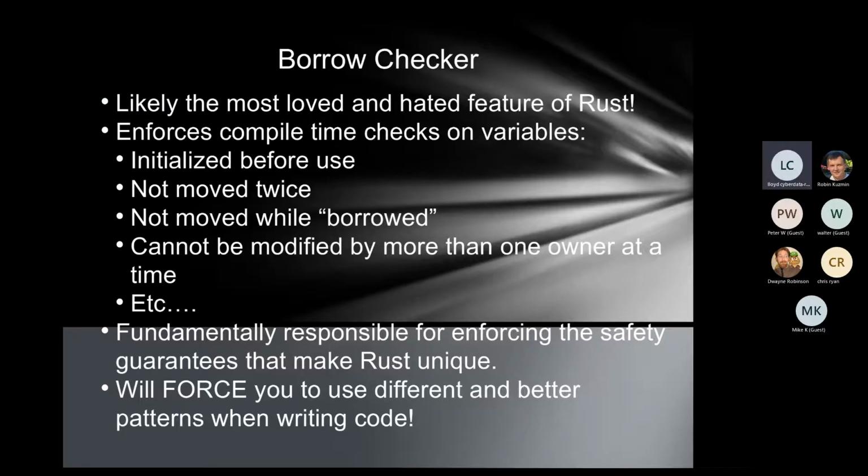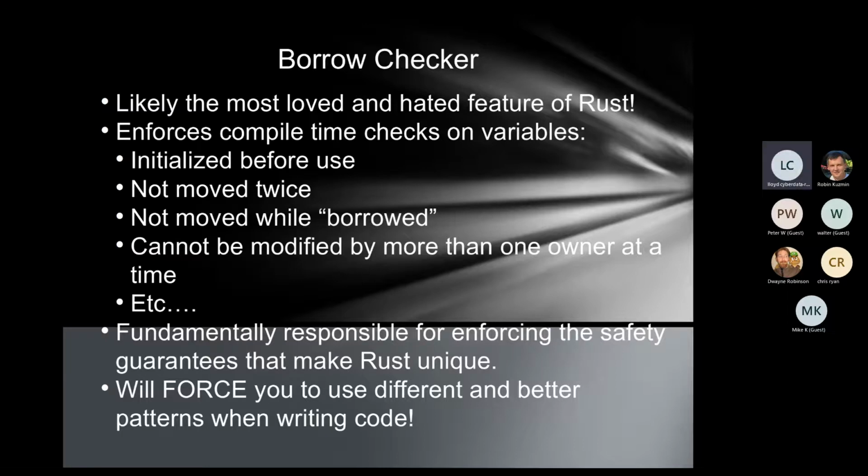Fundamentally, the way the borrow checker works is it implements a concept of ownership. Ownership is something a lot of people use in C++ and other languages, where you've got a piece of code or a routine or a module that owns some resource, a piece of memory, for instance. Rust puts this borrow checker into the compiler and enforces rules on what you can do with that object.